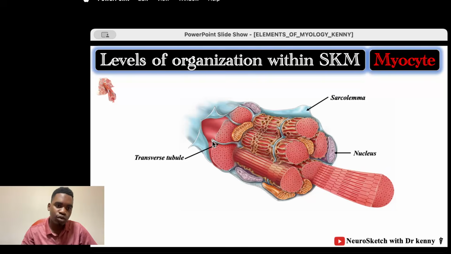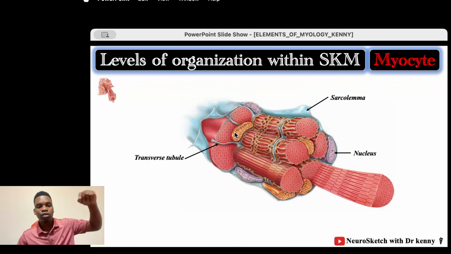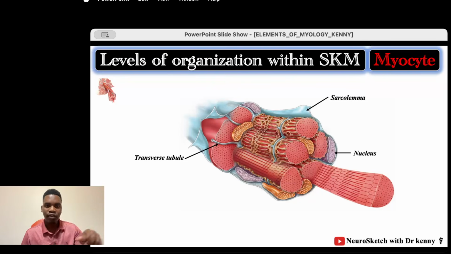A transverse tubule opens to the outside, which enables the interstitial fluid to go through it, and the interstitial fluid carries ions, calcium and others, that are very important in propagating the action potential. We will see how that goes.